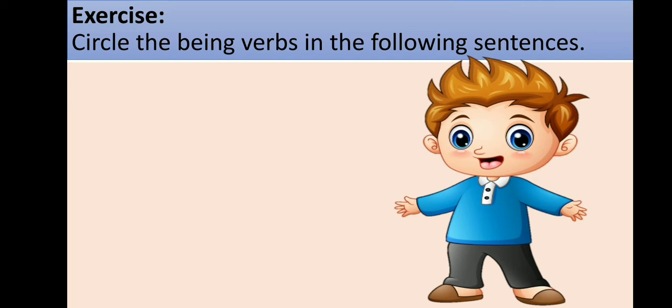Now let's see the exercise of being verb. In this exercise, we have to circle the being verbs in the following sentences. Sarah is a nice girl. Can you see the being verb here?